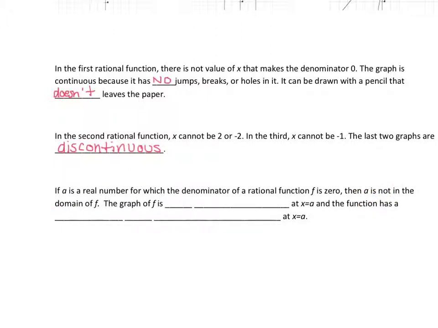The domain is all real numbers except x can't equal that a. So it's everything but a. And the graph of f, if there's some such a, is not continuous, or is discontinuous.